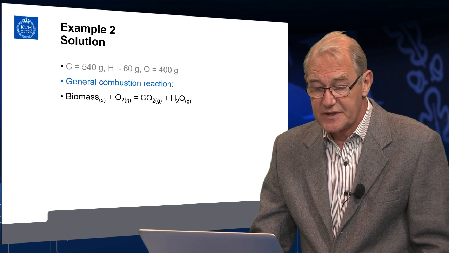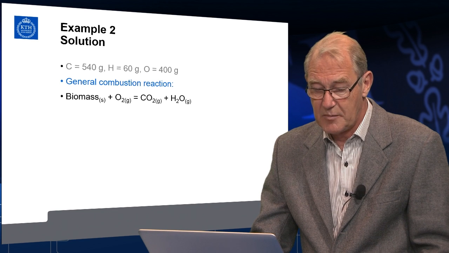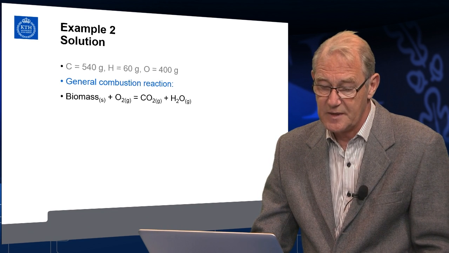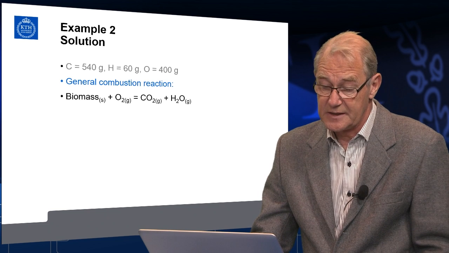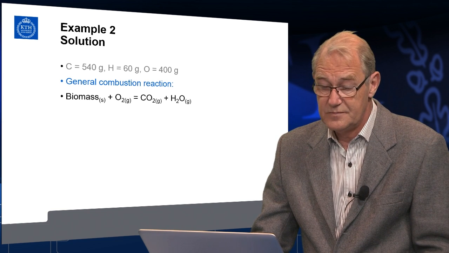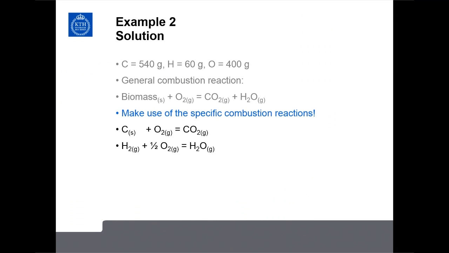Now we have to use the general combustion reaction. We have some biomass which is oxidized with oxygen, producing carbon dioxide and water. We have to make use of the specific combustion reactions which we accounted for previously, the ratios that you need to use in order to calculate the amount of oxygen needed for stoichiometric combustion.